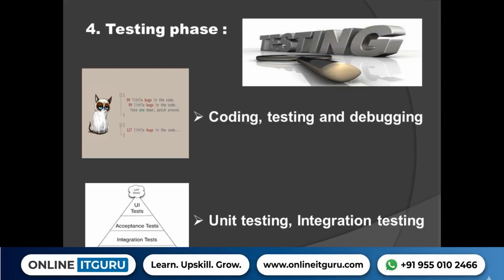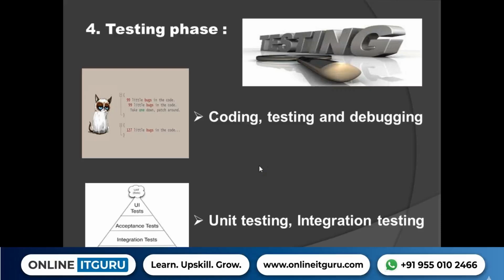For this purpose the software code will be tested. The main activities here are coding, testing and debugging, and we do unit testing and integration testing. Once the tester identifies any bug, it will be fixed. Fixing a bug will be based on the nature of the bug and the urgency of the project.